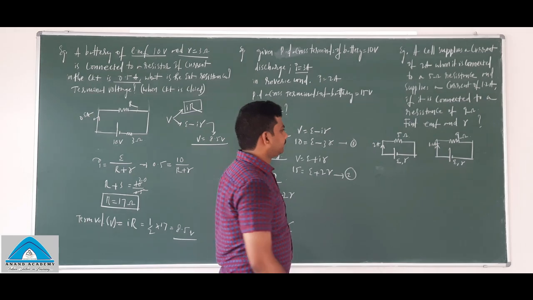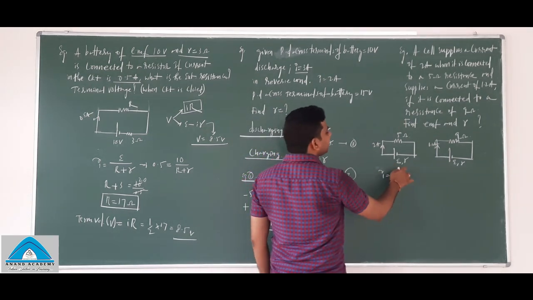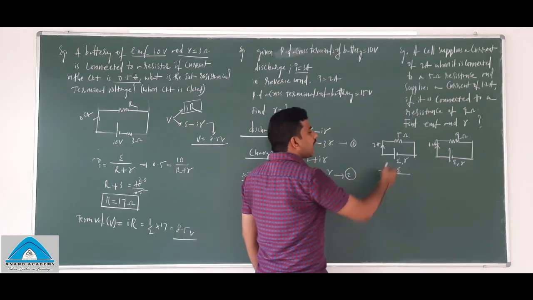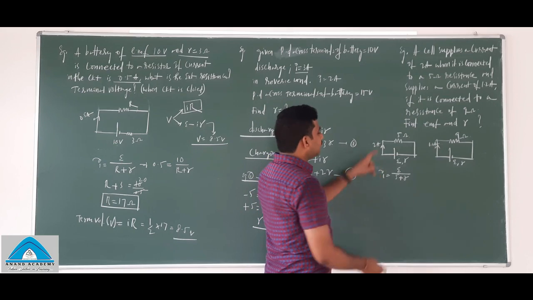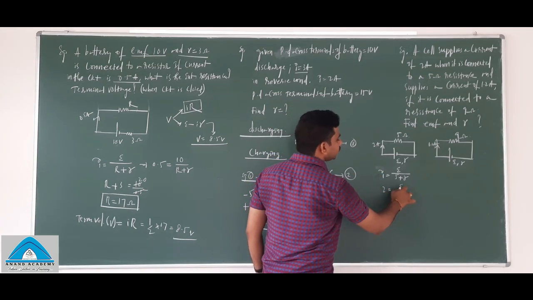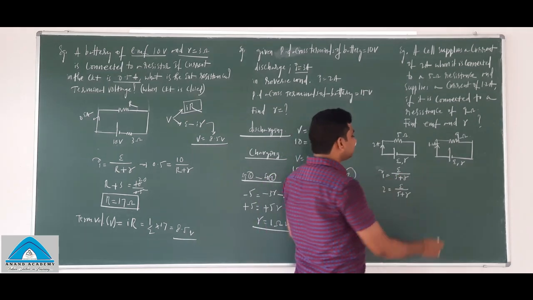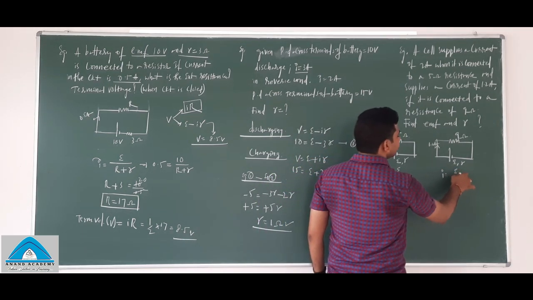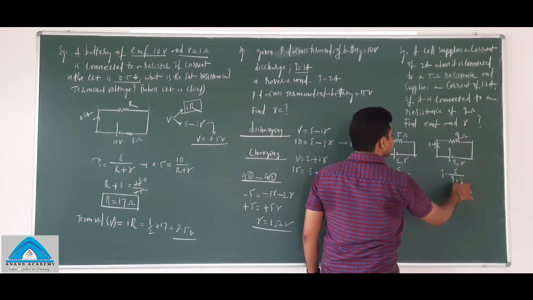So simple here. I is equal to EMF E by R. What is R? 5 plus small r. So what is I? Here it is 2 is equal to epsilon by 5 plus r. And here I is equal to E by capital R plus small r, that's 9 plus small r.